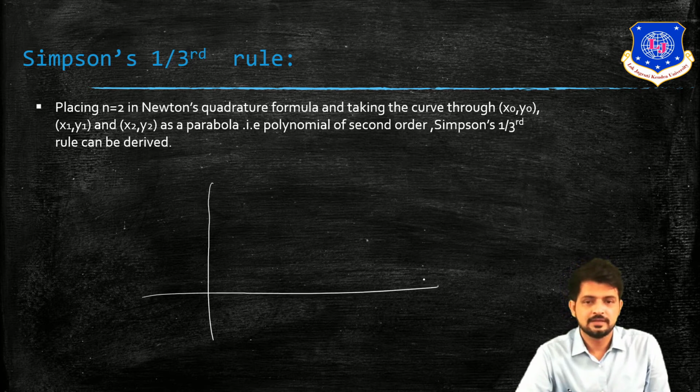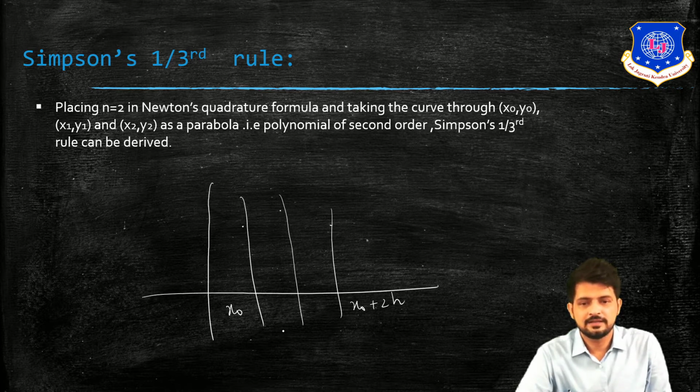Okay. See, here for one strip we are taking 3 points. Here is my x0, here will be my x0 plus 2h, and here will be my x0 plus h.